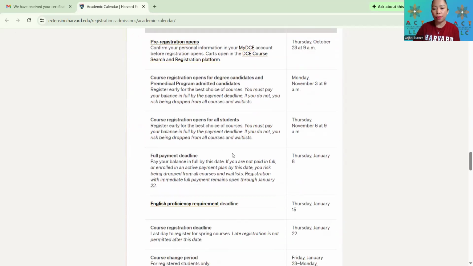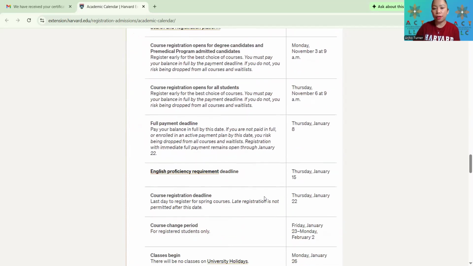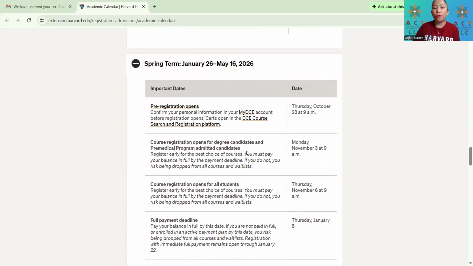If you are planning to enroll for spring of 2026, by the way, you can enroll for any courses at Harvard Extension School without being admitted yet.